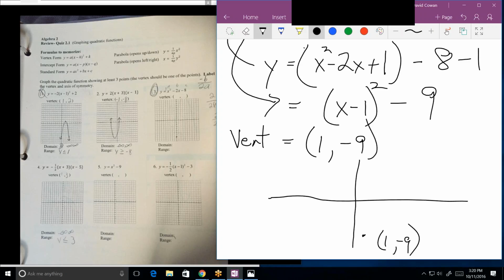I've got some choices. Do the y-axis. That's actually the easiest one. What's the y-intercept? -8. Correct.